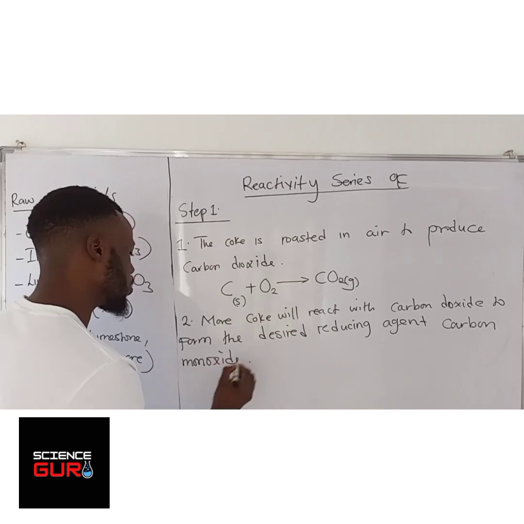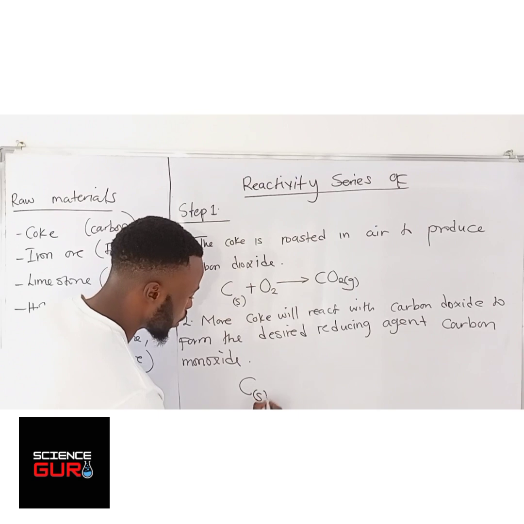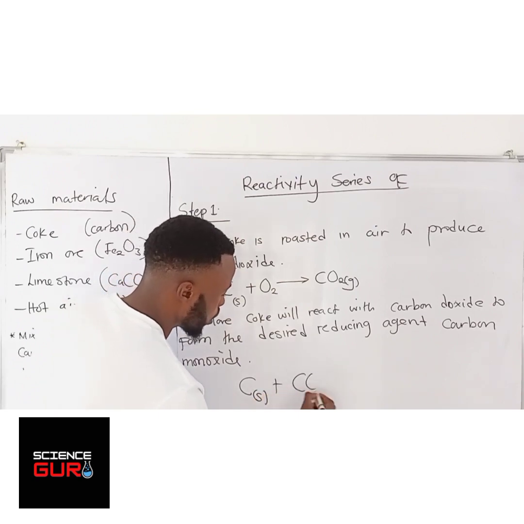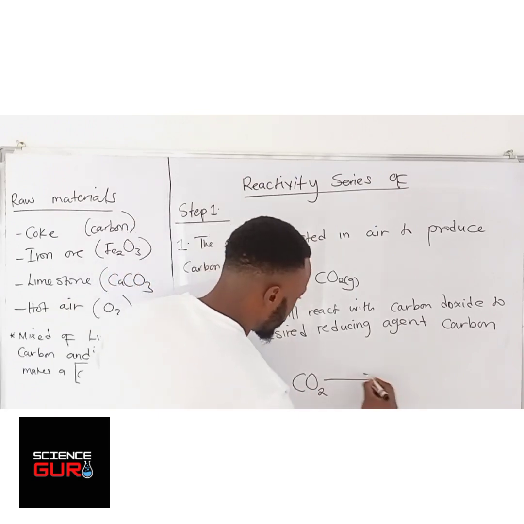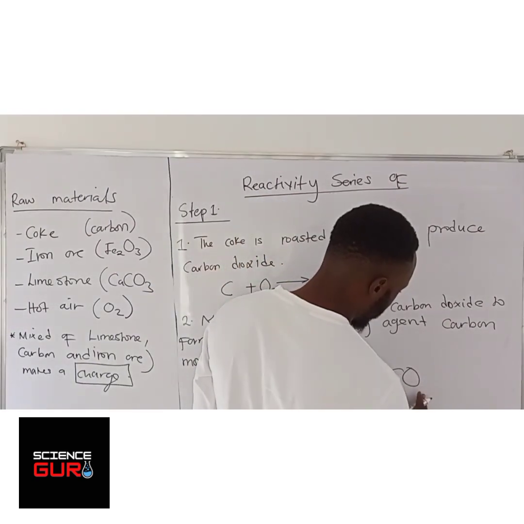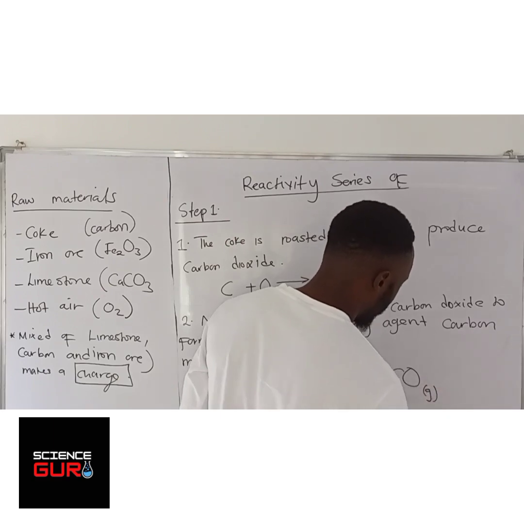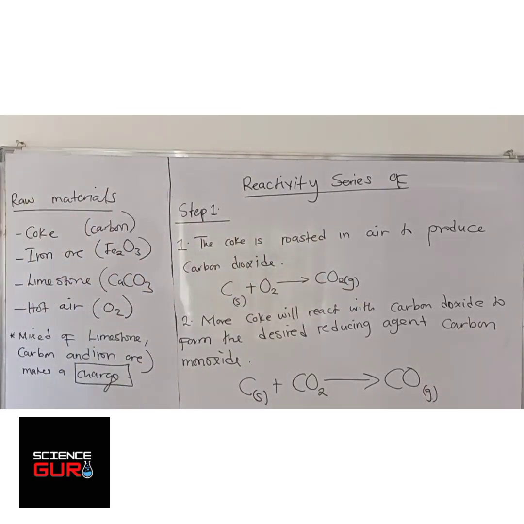So when you react coke, solid, plus carbon dioxide, you are forming carbon monoxide, which is your desired reducing agent. Just like that.